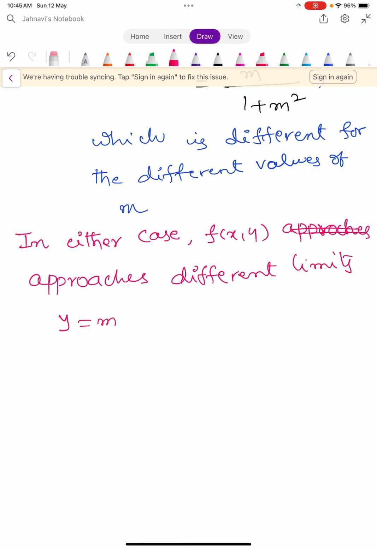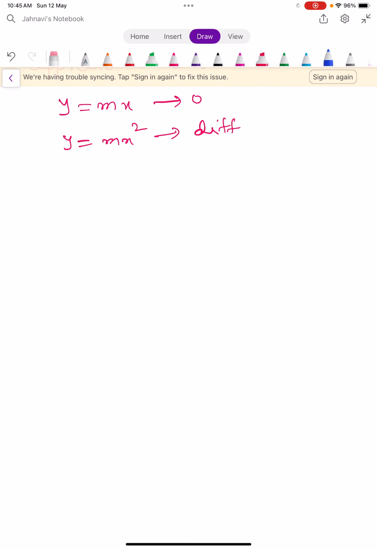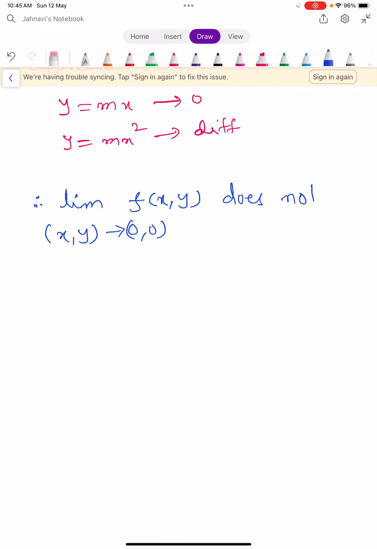Whenever y equals mx, we get 0. When y equals mx squared, we get different limits for different m values. From these we conclude that the limit as (x, y) tends to (0, 0) of f(x, y) does not exist.